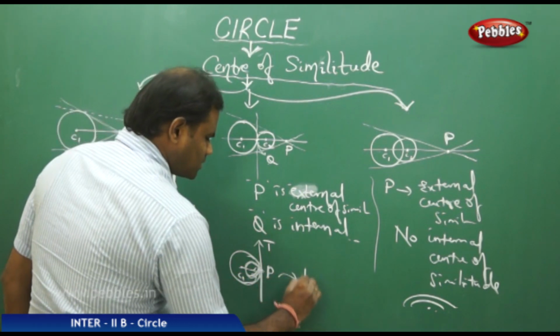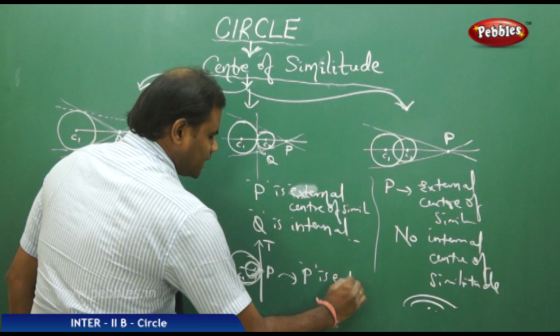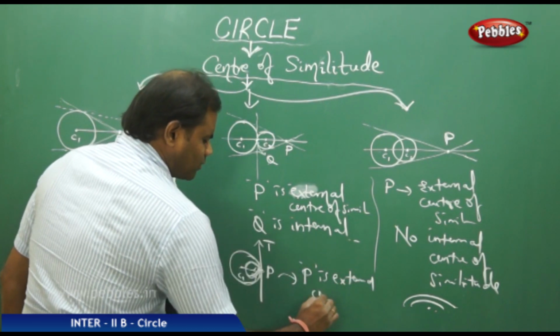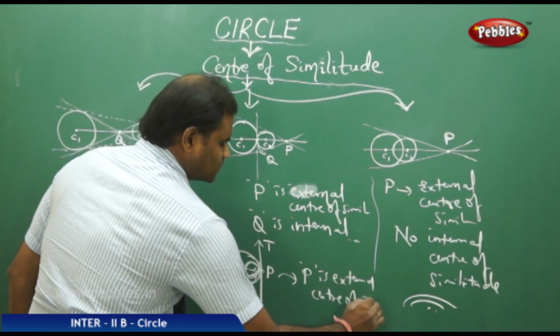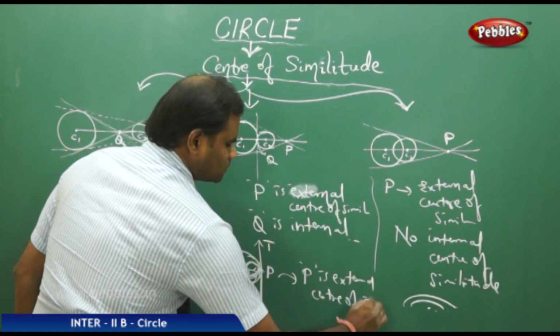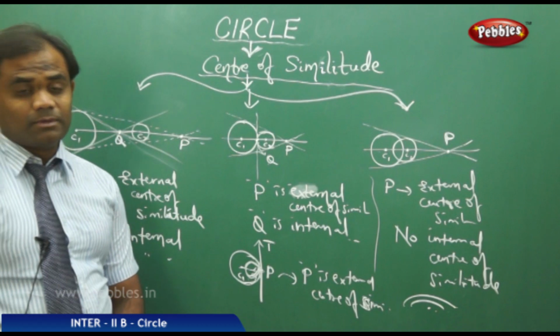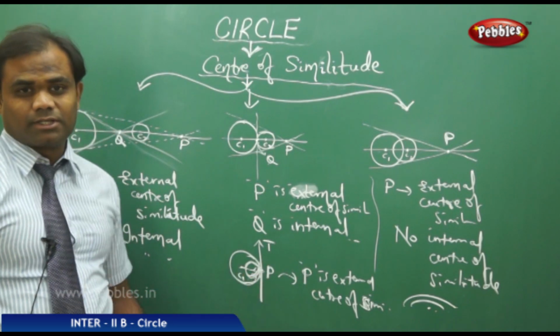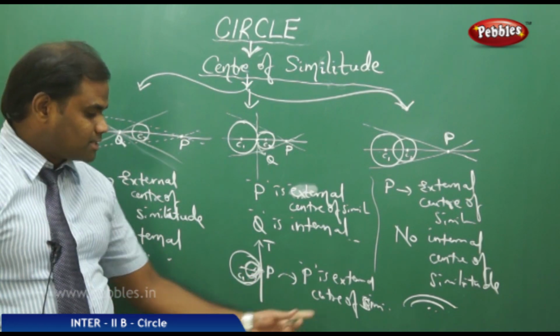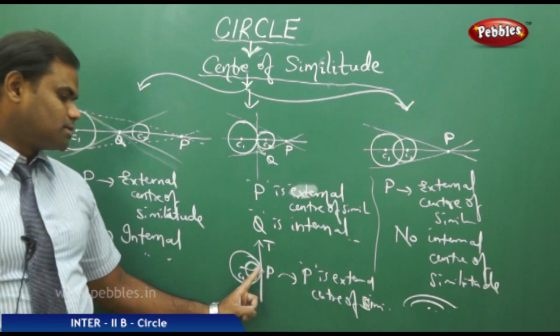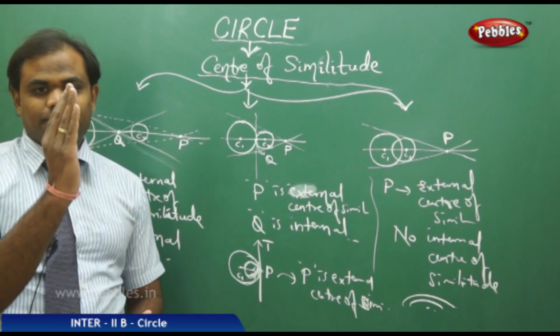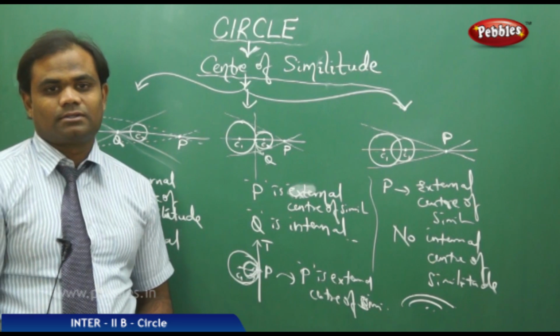Therefore in this case P is the external center of similitude, but there is no internal center of similitude when the 2 circles touch internally. There is only the external center of similitude, which is the point of contact of the tangent with the 2 circles.